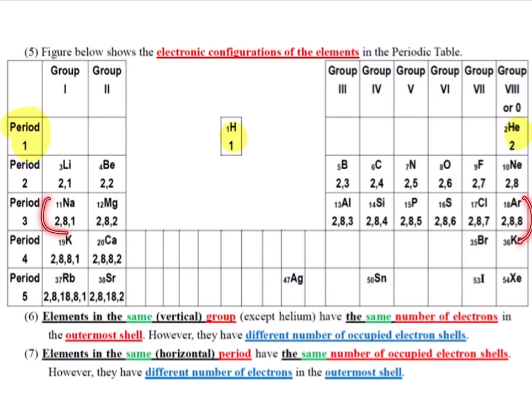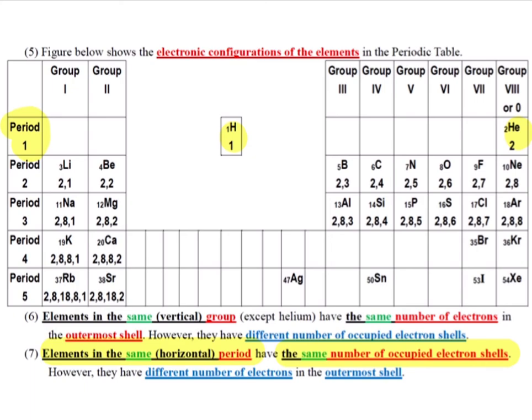From sodium to argon, all have three electron shells. They have 3 occupied electron shells, so they are in period 3. Alright. So elements in the same period have the same number of occupied electron shells.